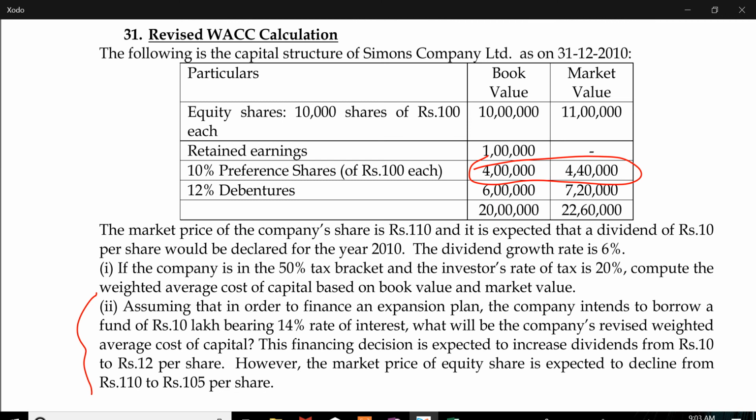It's a hidden information. They have not directly given it. 4 lakh and 4 lakh 40 thousand tells you that it is 110 rupees per preference share.